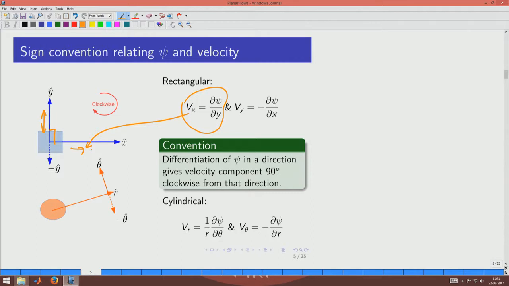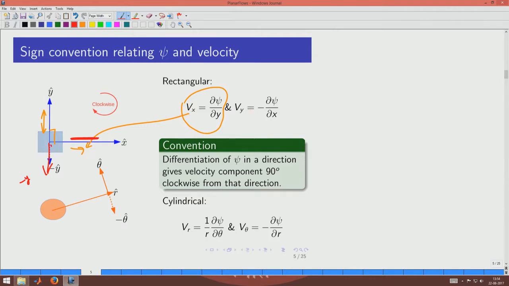In the second expression, the same thing is valid. You are differentiating with respect to x, in this direction, and then 90 degrees away will be this direction, which is actually the minus y direction, so this gives velocity in the minus y direction, and that is why there is a minus symbol here.